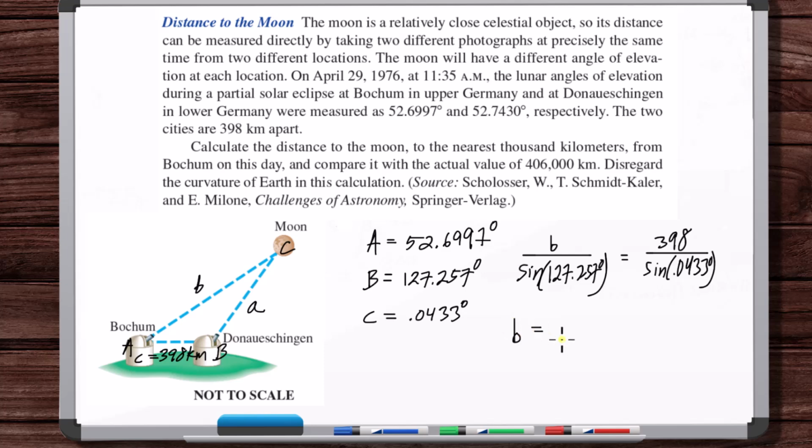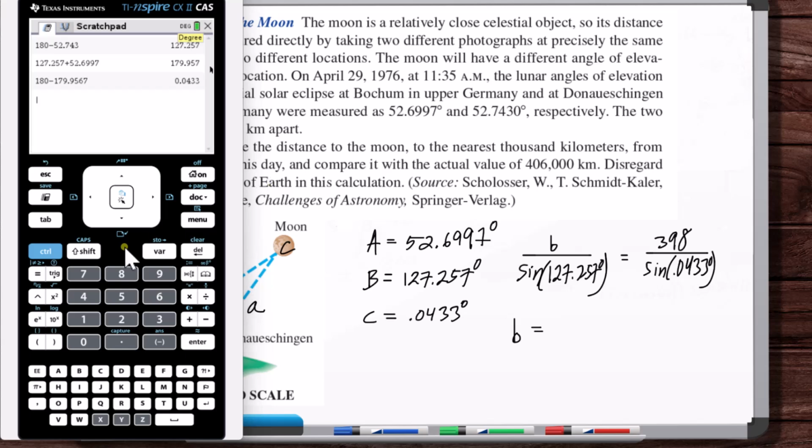So, okay, what we want to do is take 398, and to get this as accurate as possible, 398 times the sine of 127.257. I'll pick this angle straight from here, and it carries all of the possible digits.